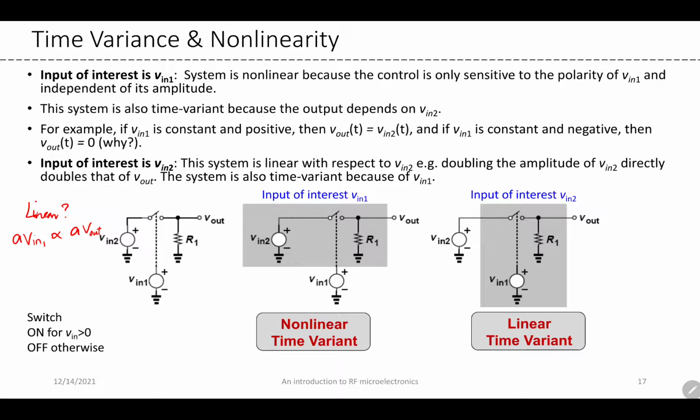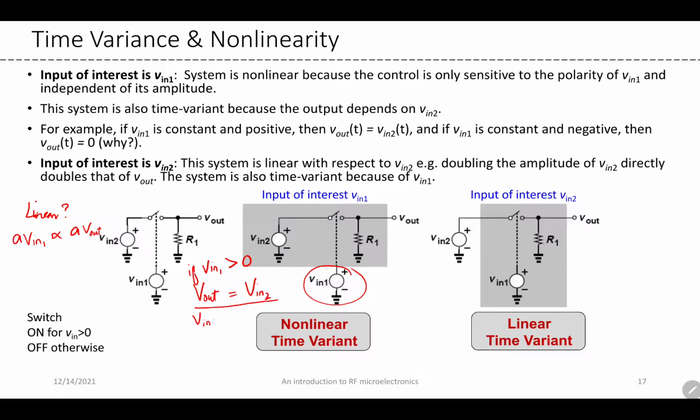Now, for example, if the switch is on, v out is equal to v in 2, as we see from the system. If the switch is on, that is if v in 1 is greater than 0, v out is v in 2.